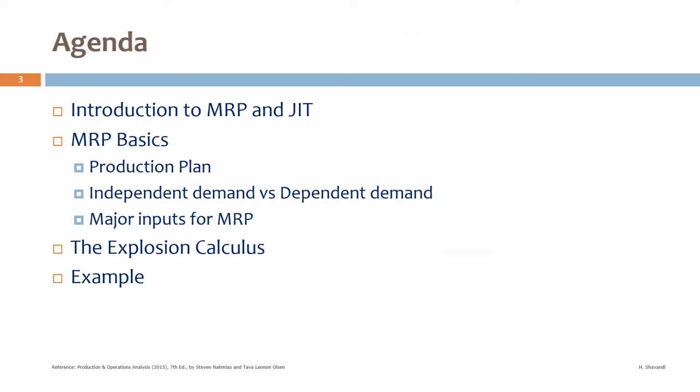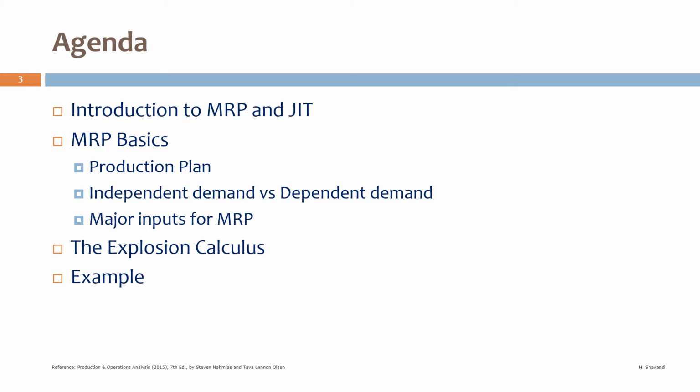So as the agenda of this chapter, at first we'll have an introduction to MRP and just in time. So we'll see what's the definition of material requirement planning and just in time, and what are the concepts and how they can be applied in a manufacturing environment.